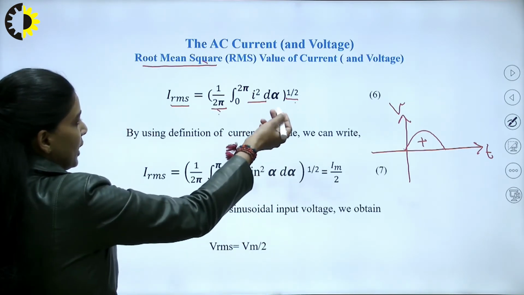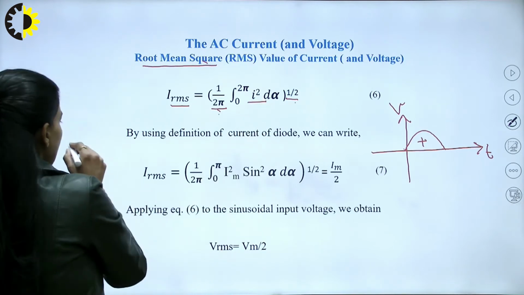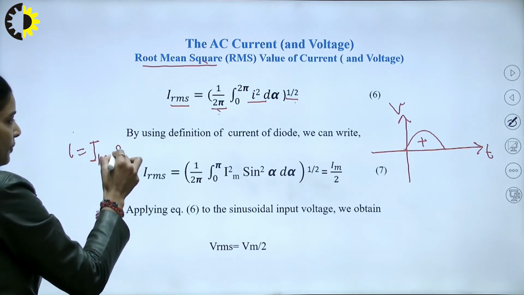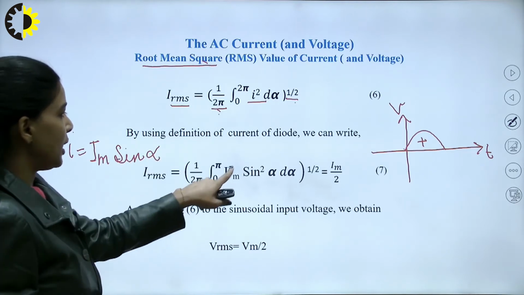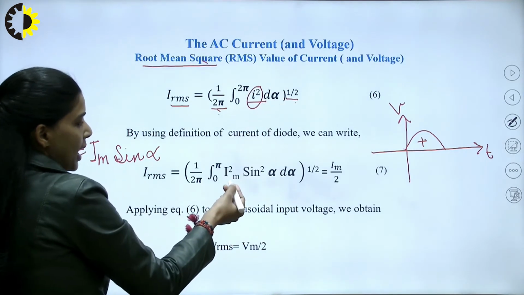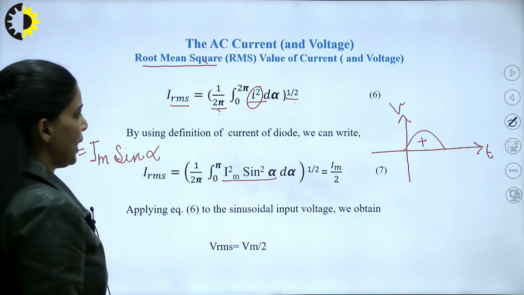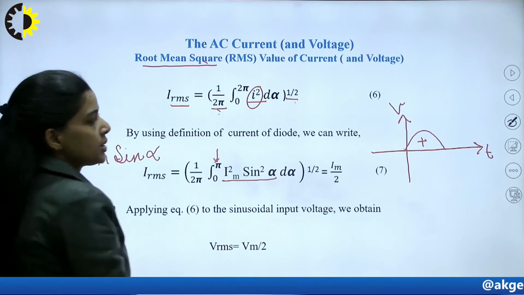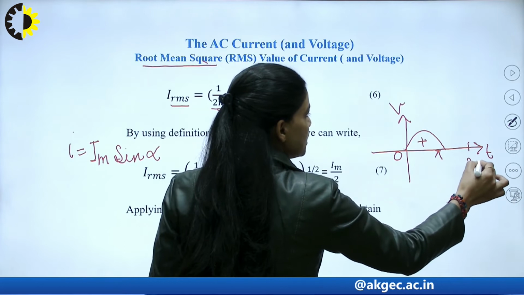Now, we can calculate this in a simple manner by putting in the current equation that we have taken as a sinusoidal pulse, that is Im sin alpha. I have placed that value, Im sin alpha, as it is squared. So, it became Im square sin square alpha, 1 upon 2 pi. Here you can see the limit is pi because the signal exists for only pi duration.